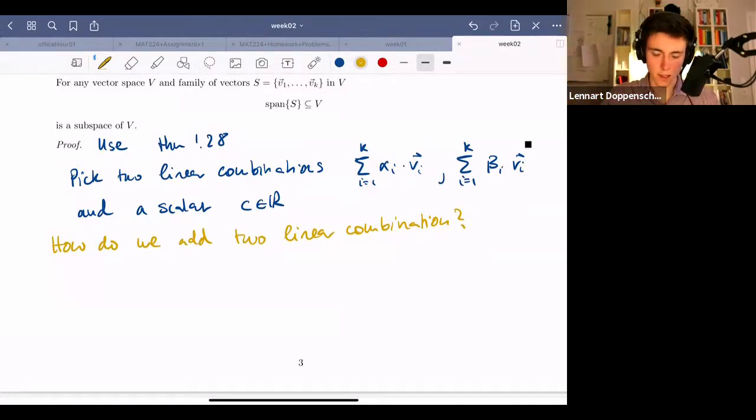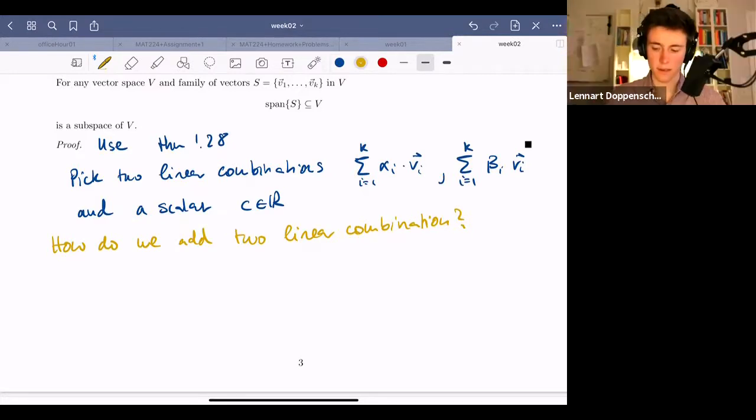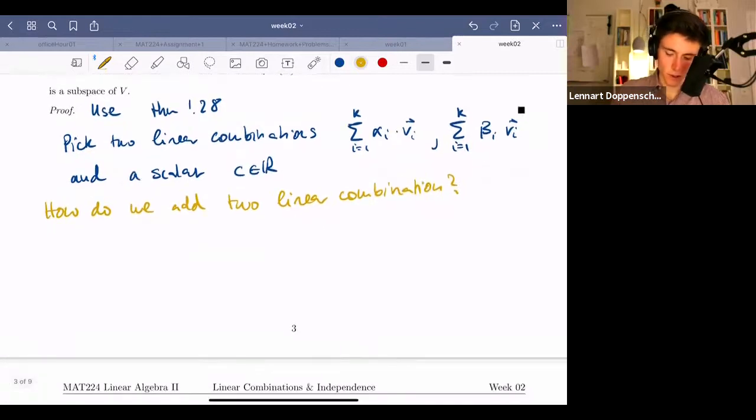As a hint, you can look at polynomials, because polynomials are just linear combinations of very specific monomials. Adrian. Yeah, can we just add the coefficients, because we'll have the same vectors anyway, so we can have alpha i plus beta i for each vector? Yes, correct.